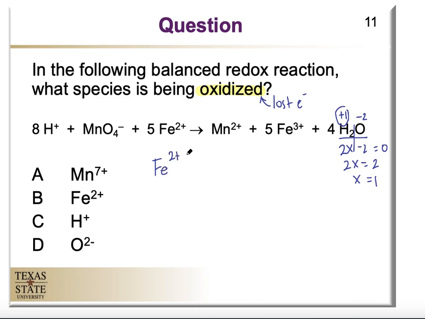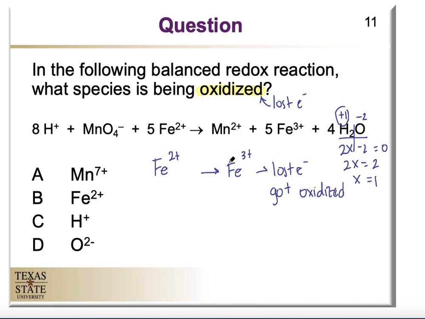Fe went from 2+ to an Fe of 3+. Okay, and so going from a 2+ to a 3+, it means that it got less negative. It actually lost electrons to become more positive, right? So if it lost electrons, did it get oxidized or did it get reduced? If it lost electrons, it got oxidized. And so that answers the question that we were looking for, right?